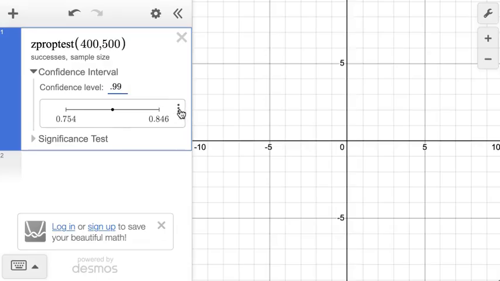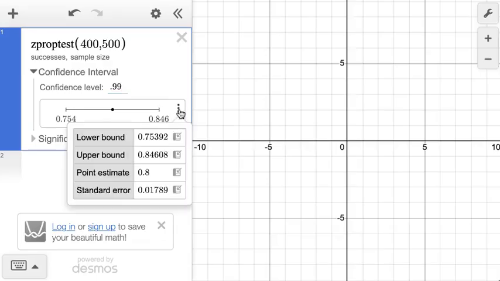Now, sometimes we get more information from these three dots. It tells us more decimal places here for the lower and upper bound, and it gives us a point estimate. And we are not going to use the standard error. That is not the margin of error.